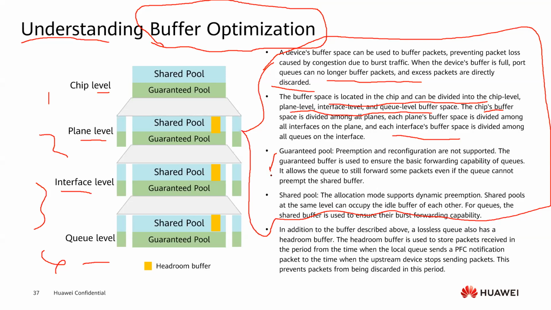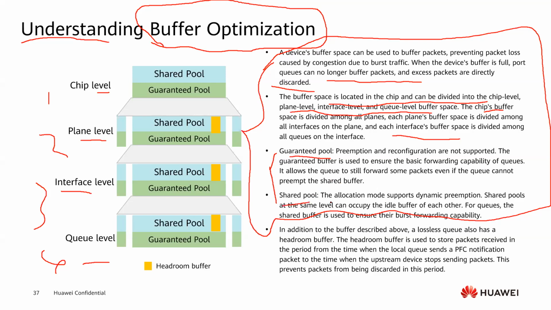We have two types of buffer. The guaranteed buffer does not support preemption and reconfiguration. The guaranteed buffer is used to ensure the basic forwarding capability of the queue. It allows the queue to still forward some packets, even if the queue can't preempt the shared buffer.